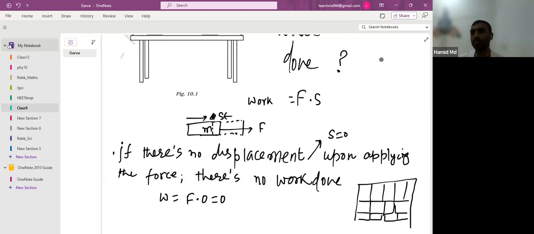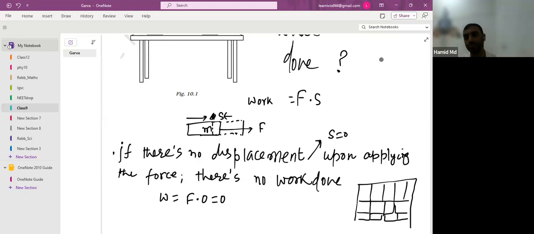So in terms of physics, you are doing no work. Even if you push the wall from morning to evening and get tired, you are still not able to do work. So this is the definition of work done.